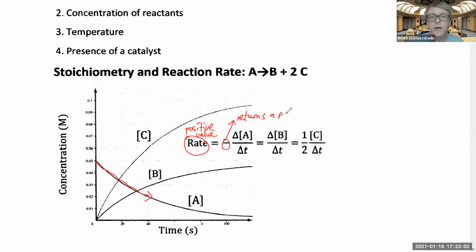Notice for the products B and C, because they are increasing with time, they're going to give us a positive rate anyway. So we don't need to make that positive.